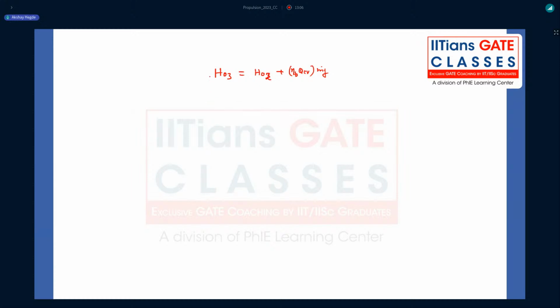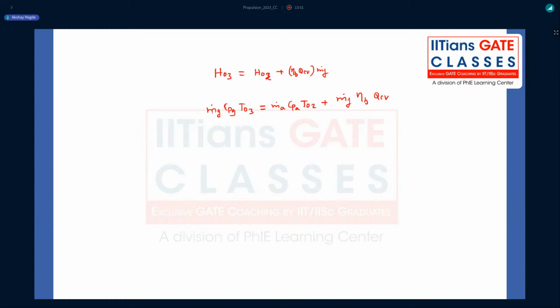So if I write H to be mass flow rate of gas times Cp of gas times T03, it is equal to mass flow rate of air times Cp of air times T02 plus m dot of F times combustion efficiency times the lower heating value of the fuel.